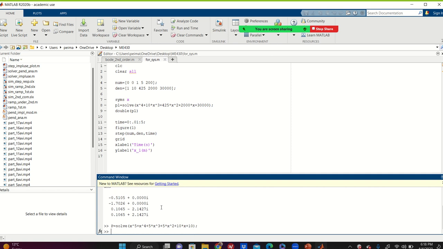If I say pole, you see you have 2 right-hand poles. You have 5 poles in total because it's a fifth order system. You have a pair of complex conjugate poles in the right-hand side.